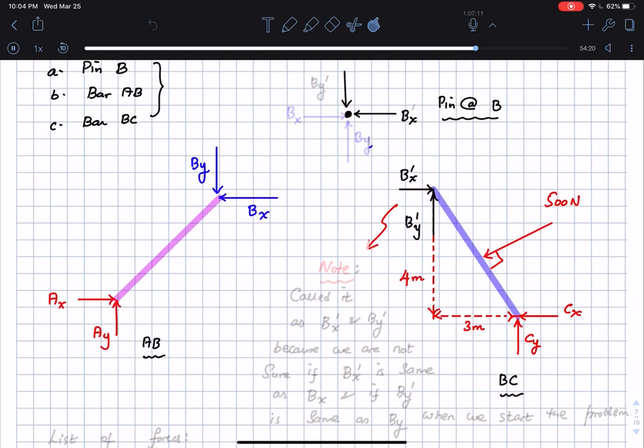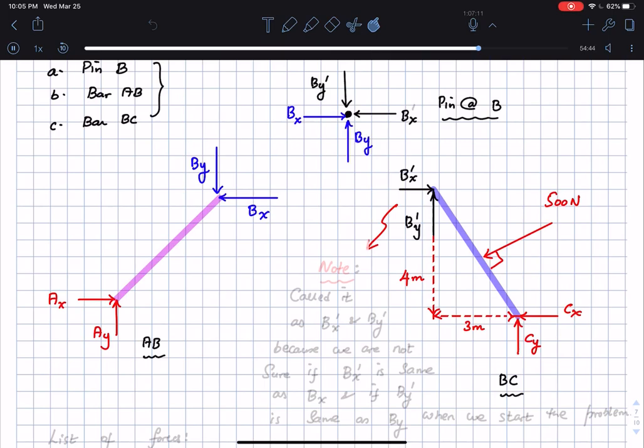Please notice that this is a BY prime, and likewise I'm going to be having a BX and a BY, which is going to be equal and opposite to what I have on the bar AB at the point B. So this is going to be BX, and I'm going to have a force which is acting up here. This is going to be BY.